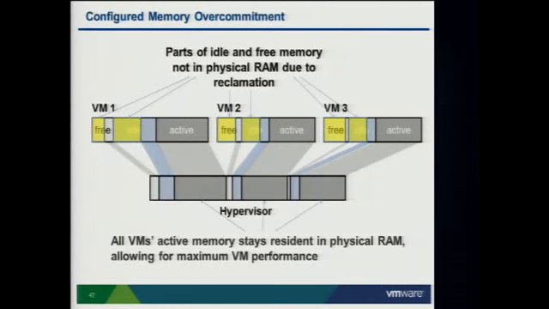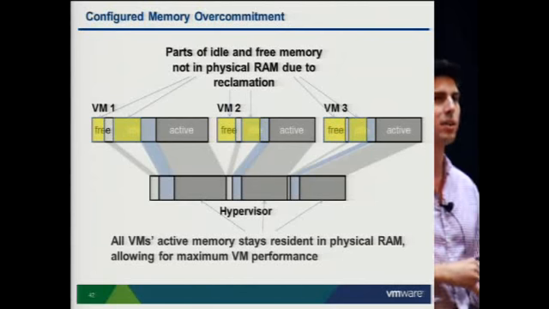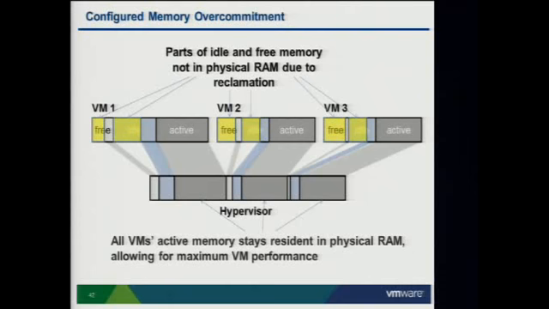Again, you want to make sure that active memory stays in physical RAM, and when you overcommit the configured memory, that happens. So again, configured memory overcommitment is not a bad thing. It's not going to impact performance. It's actually a good thing because you're making optimal use of your RAM. Most of the RAM there is being used actively by these VMs, and that's a good thing. That's what you want.